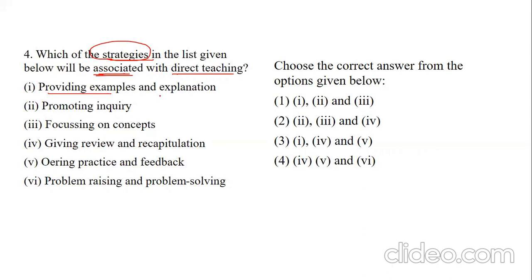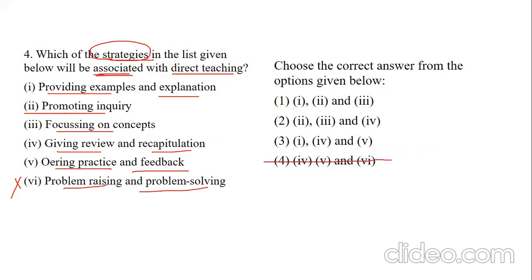That is providing examples and explanation, promoting inquiry, focusing on concepts, giving review and recapitulation, orienting practice and feedback, problem raising and problem solving. Problem raising and problem solving does not require a direct teaching strategy. So option number 6 you can cut down.